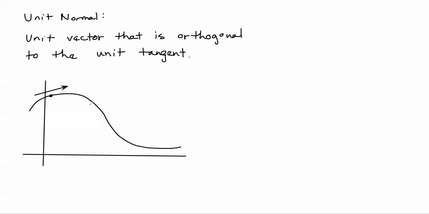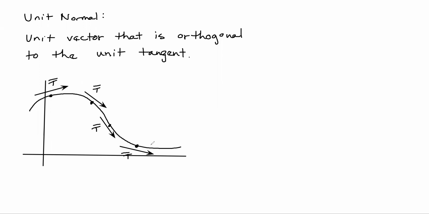And here we've got the unit tangent, and here we've got the unit tangent. And so on. So we've got a bunch of unit tangents on here. Those are all familiar. Here's T at that point, T at that point, T at that point, T at that point.